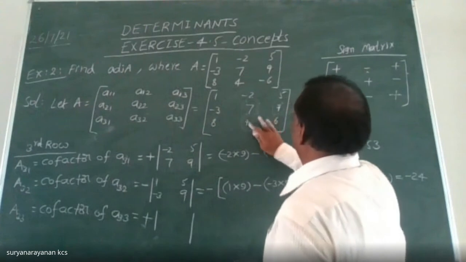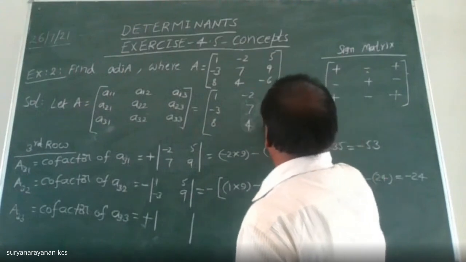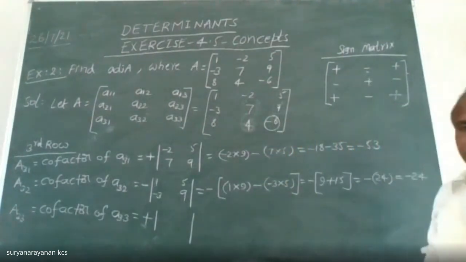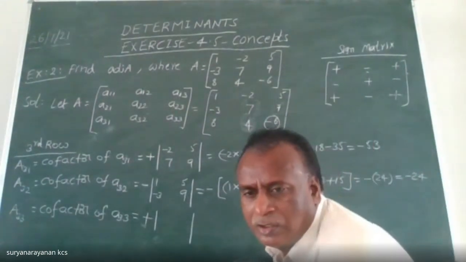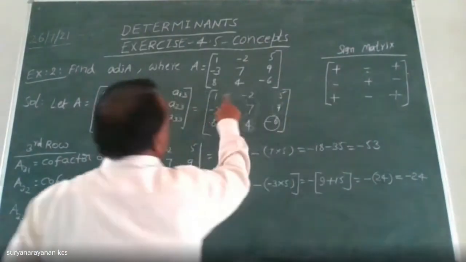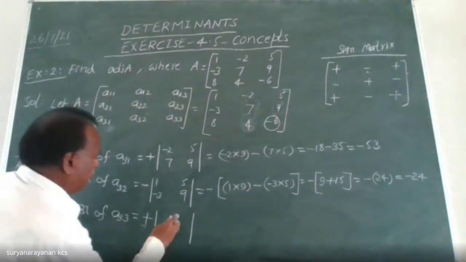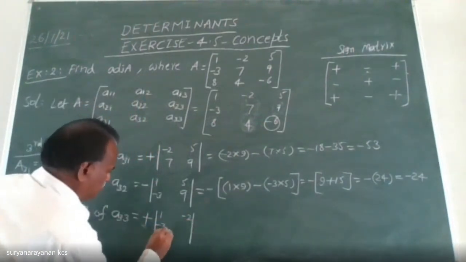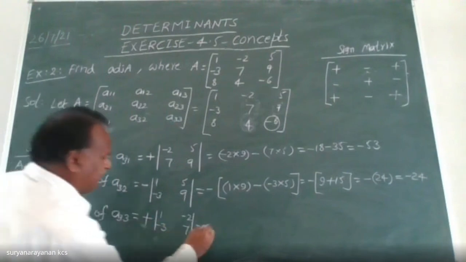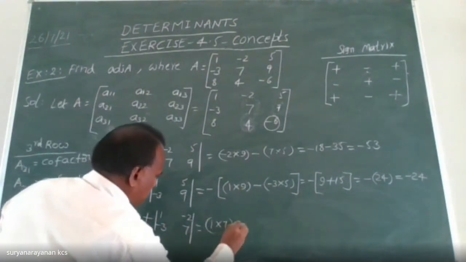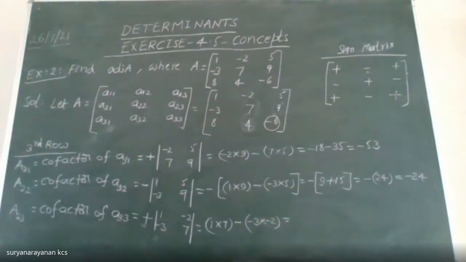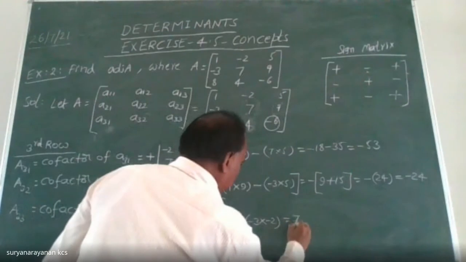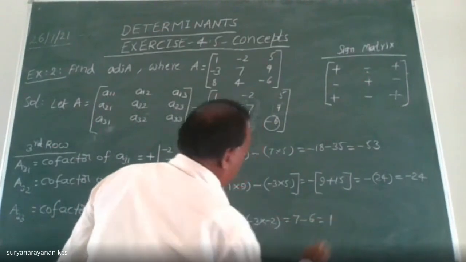Minor of this element is 1 minus 2 minus 3 and 7. So 1 into 7 minus of minus 3 into minus 2, that is 7 minus 6, which is 1.